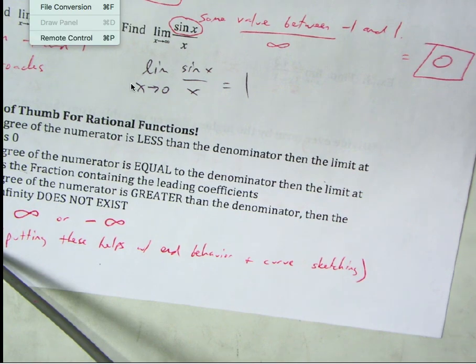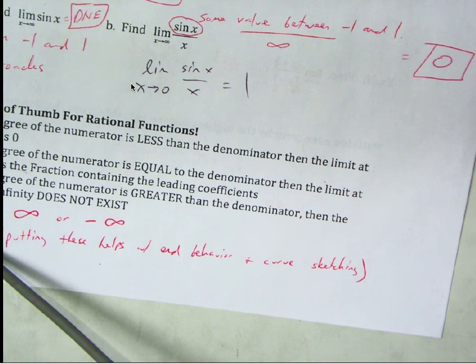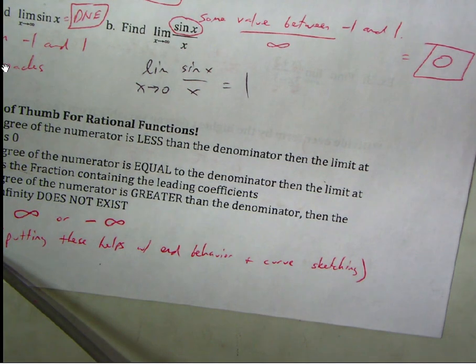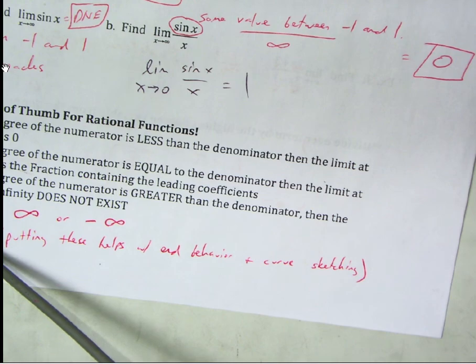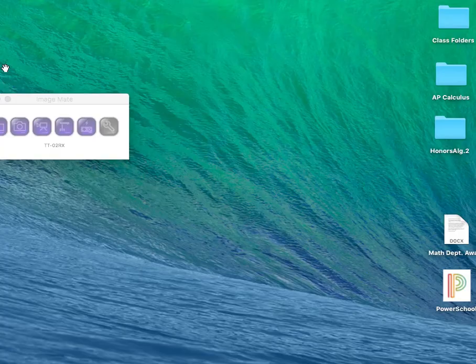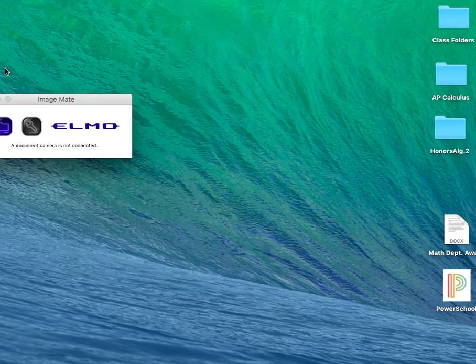Did it turn off the Elmo? The only thing I could think of would be to turn off the Elmo and see. Unplug it and see what happens. That's weird.